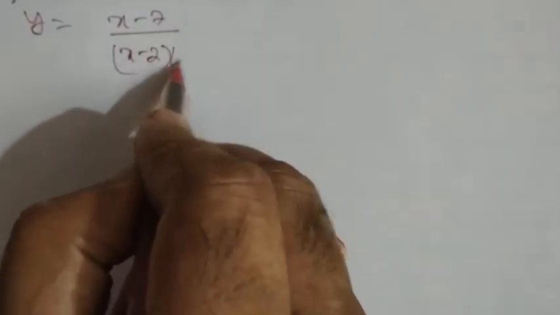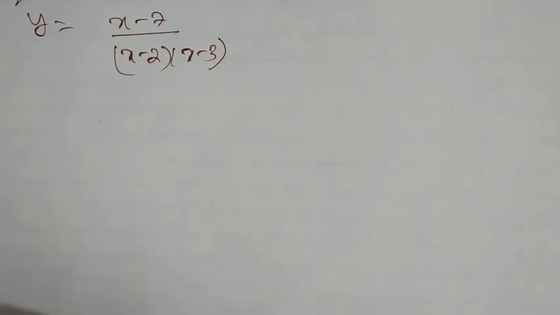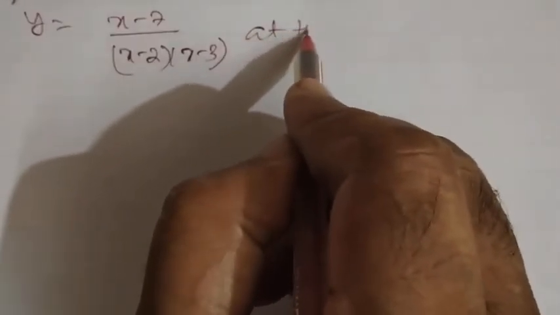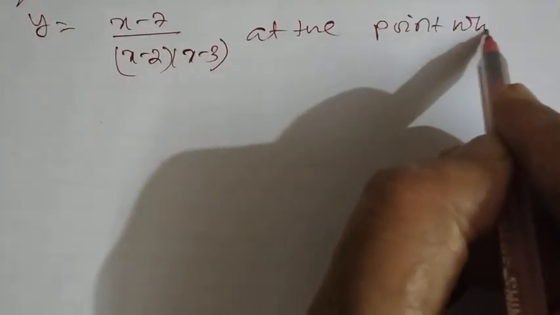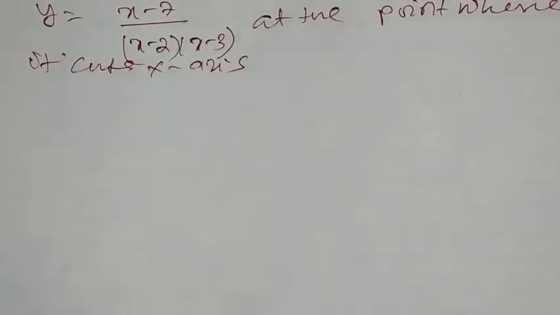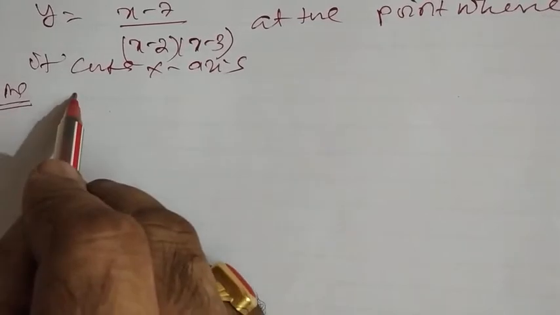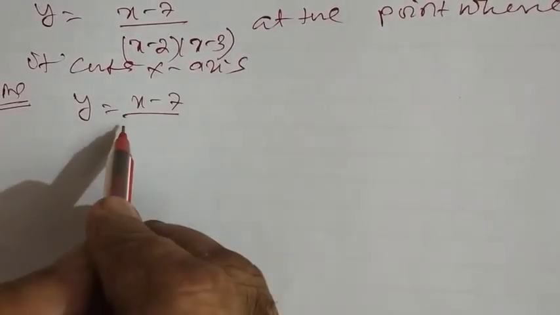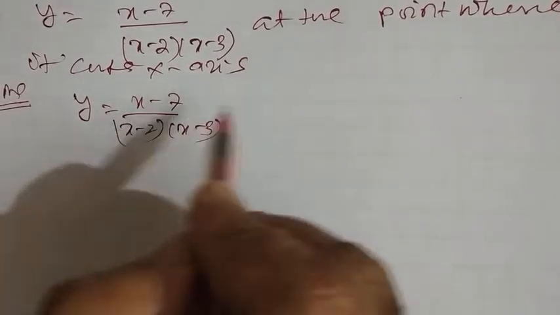Find the equation of tangents to the curve y equal to (x minus 7) by (x minus 2)(x minus 3) at the point where it cuts the x-axis.